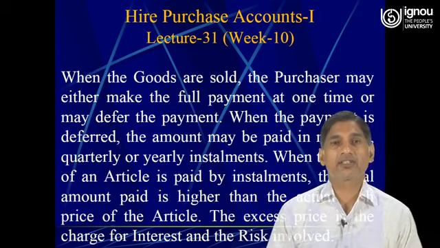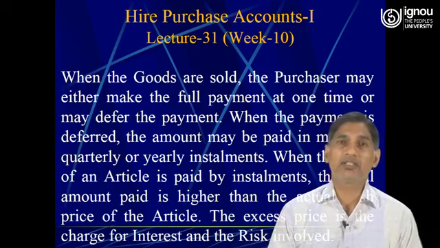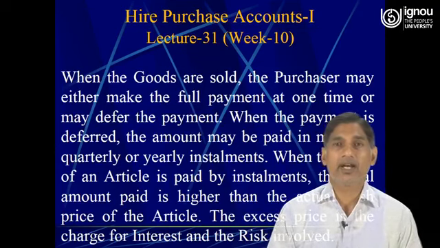So, well friends, you all might be well aware that when the goods are sold, the purchaser may either make the full payment at the time of buying the goods or may defer the payment.